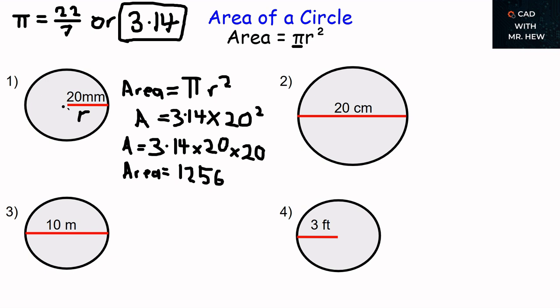Now we need to look at the unit of what's given. It is metric, millimeter, right? So we're going to write small letters, millimeter, and we'll always get a square value when we calculate the area, right? So this is the area for this.